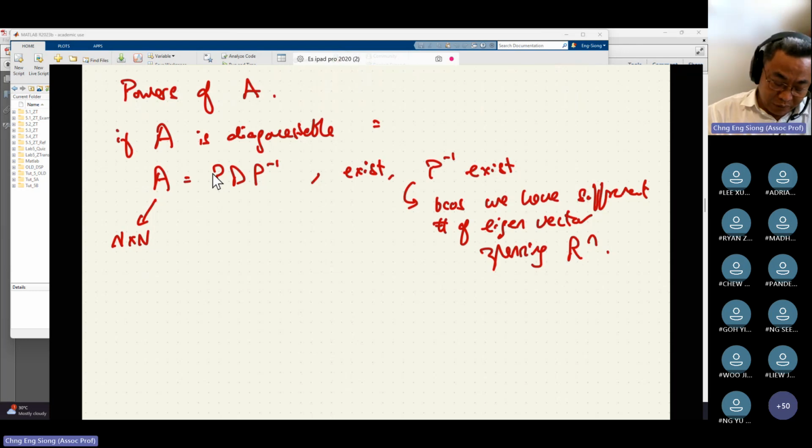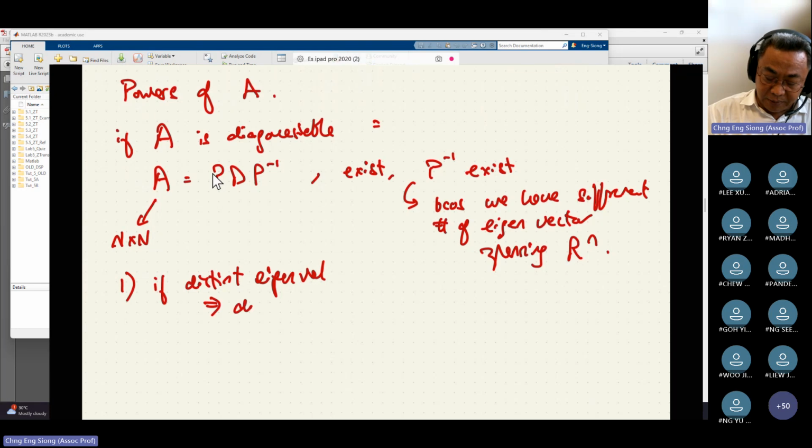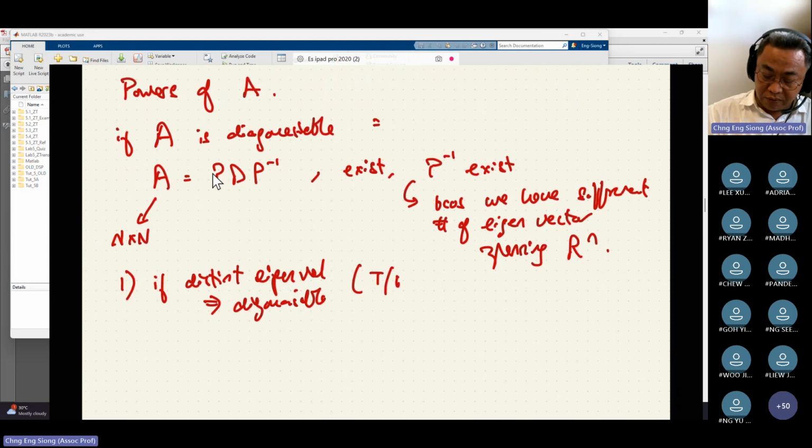So maybe quiz question number 1. Distinct eigenvalues imply diagonalizable, true or false? True or false, guys? True, correct, true.